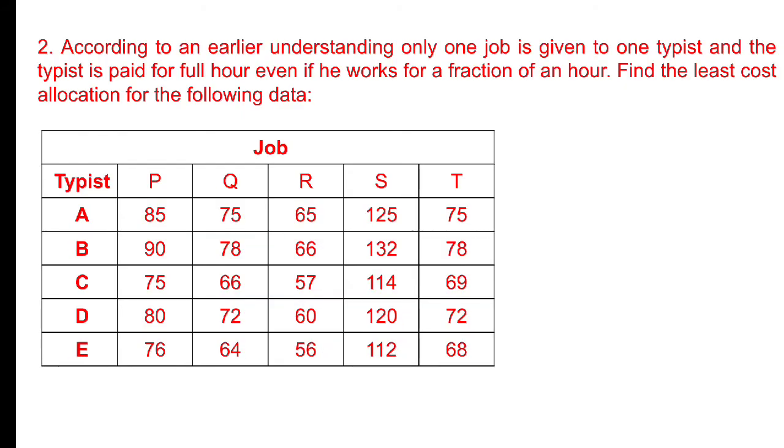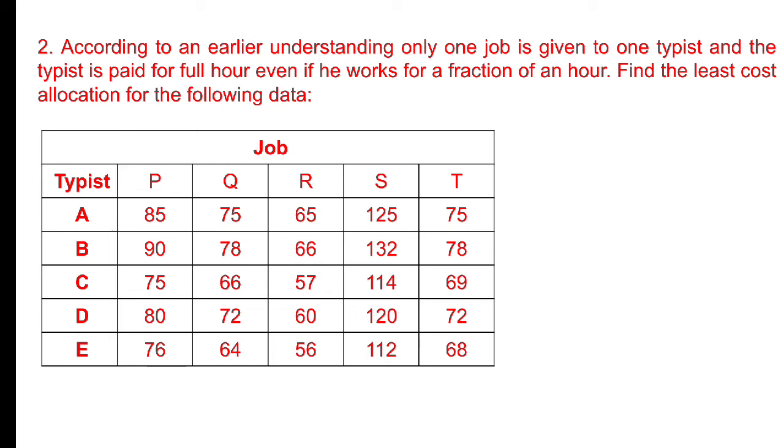Take another question. Here also we need to remember the procedures we explained in the previous problem. In a similar way, with a little understanding, we go on. First step: select the row minimum and subtract it from the other elements. Second step: select the column minimum and subtract it from the other values.